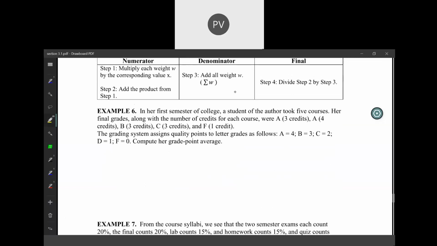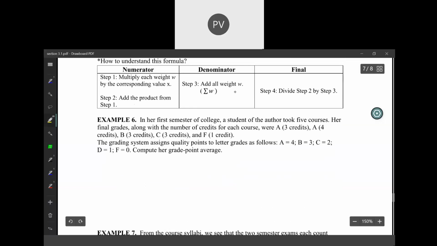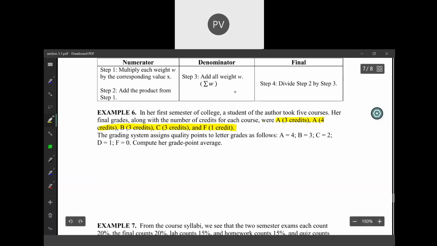So here, a student, this is her credits for each course. For each course, she has this many credits. And according to the grading system, we have this as the credits. So we need to compute our grade point average. So what is average?